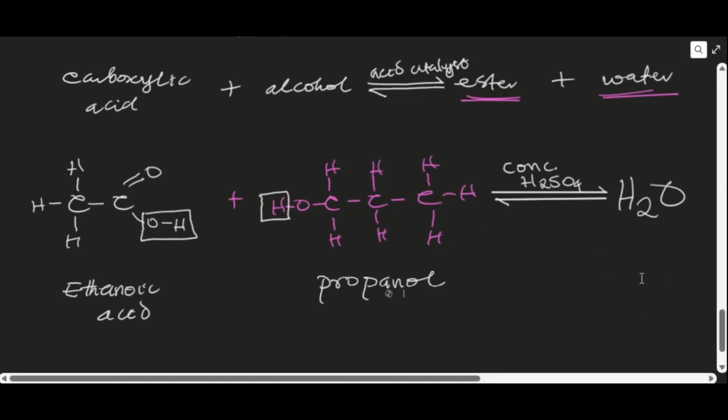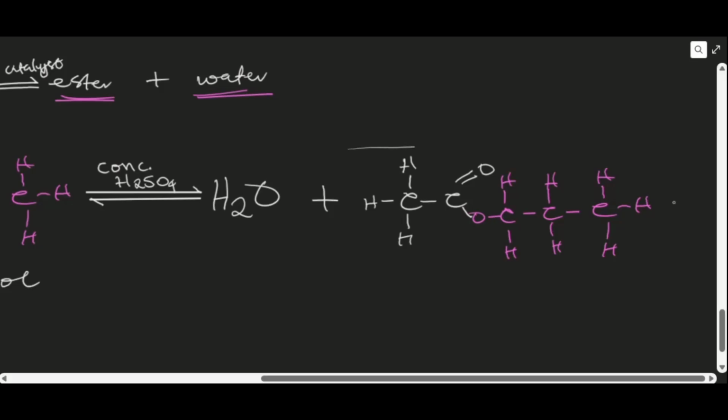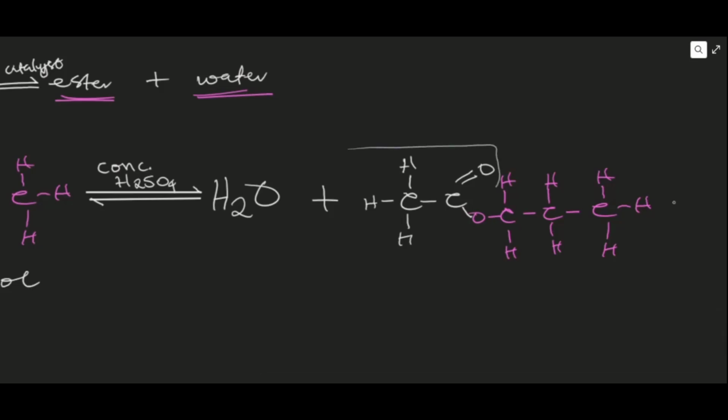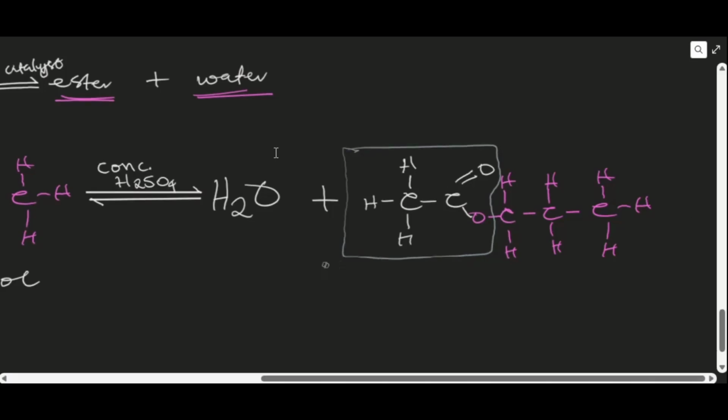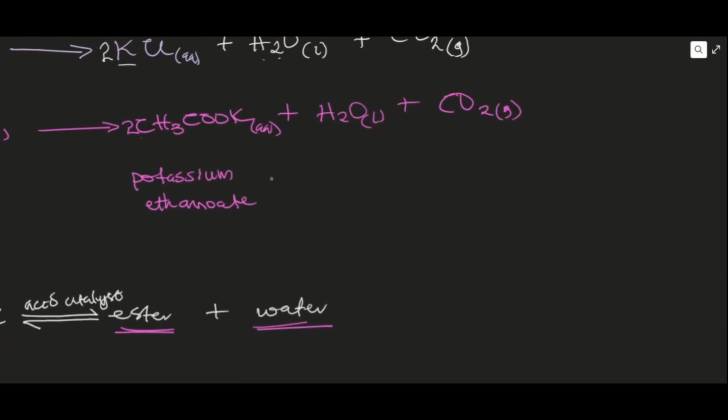So our product, which is an ester, is going to be, let's look at this part. You can see I take the oxygen from the alcohol. If you look at it very well, it looks like what we have up here. You can see CH3COO.